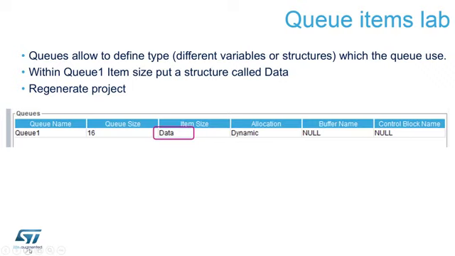This will generate arbitrary code that will take the data as a data size, so we will need a typedef for the data. And this we need to generate manually.